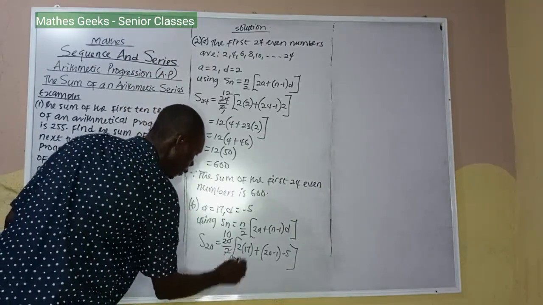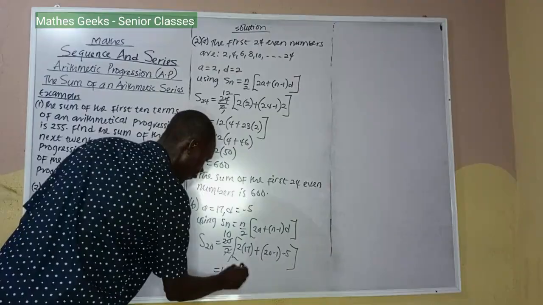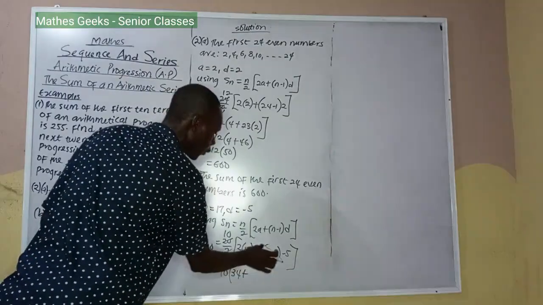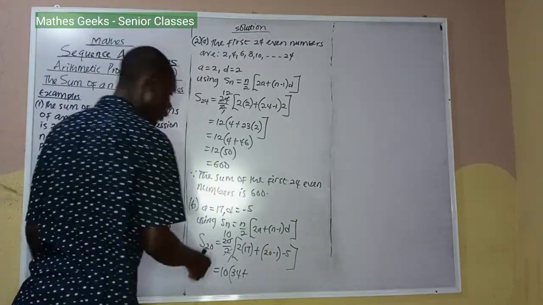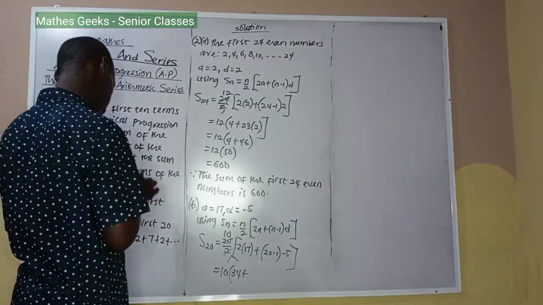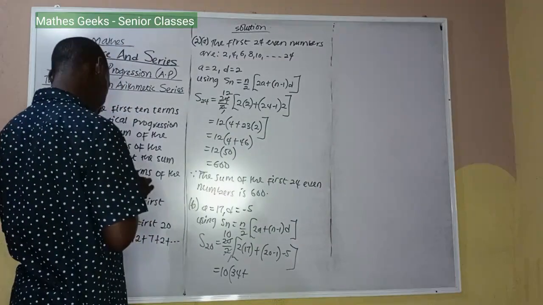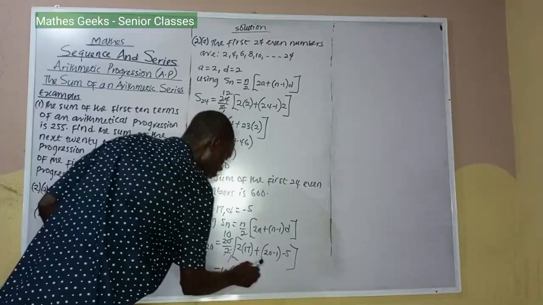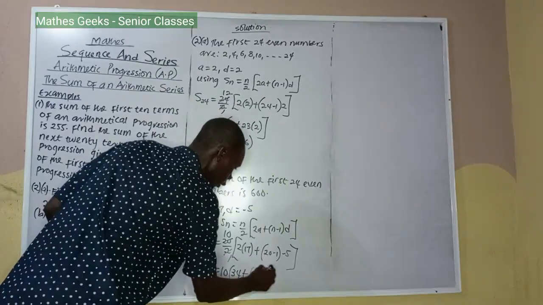So it was 10 times (2 times 17, 34, plus 19 times minus 5, which is minus 95).